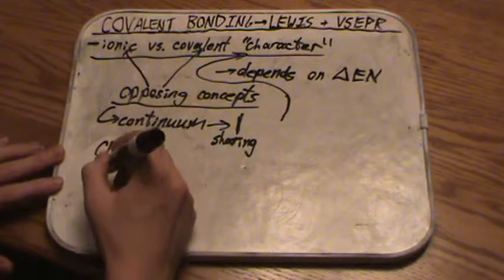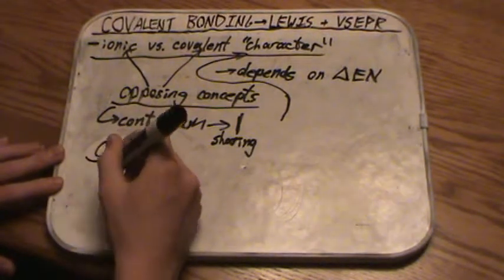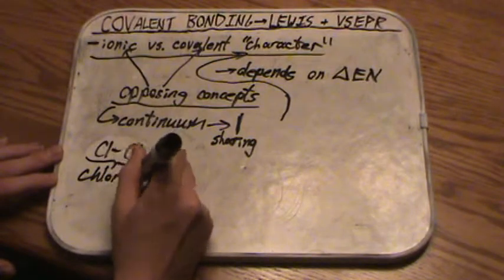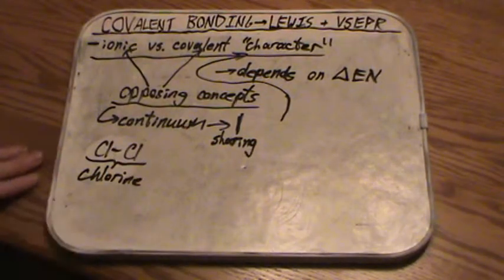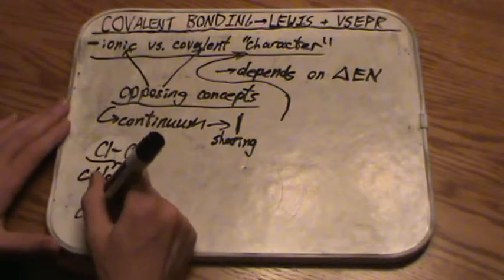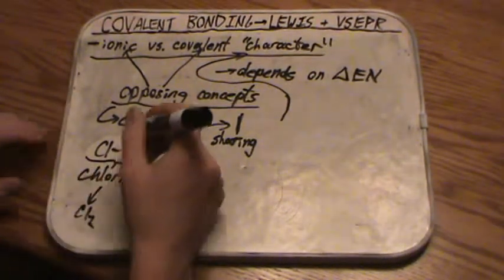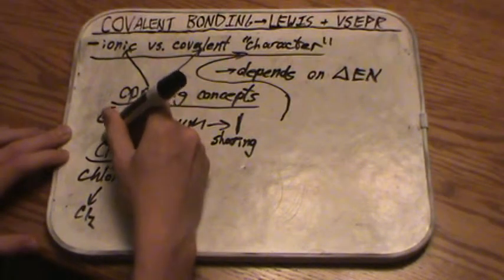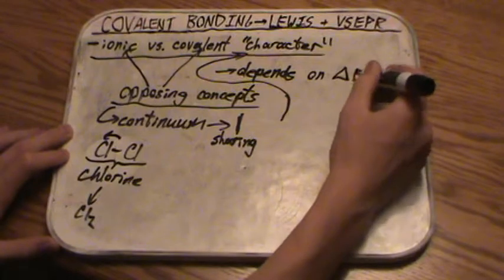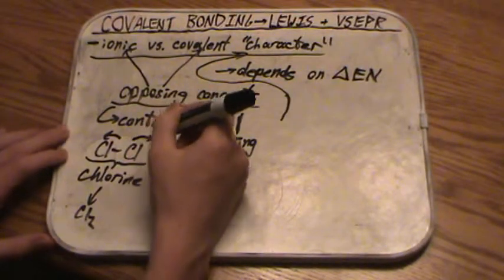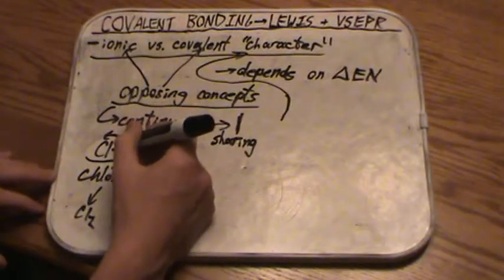So chlorine only exists in nature bonded to itself as Cl2, the molecule. And in this molecule, one chlorine has a certain pull on the electrons because of its electronegativity value, and the other chlorine has the exact same pull on the electrons in this molecular orbital.